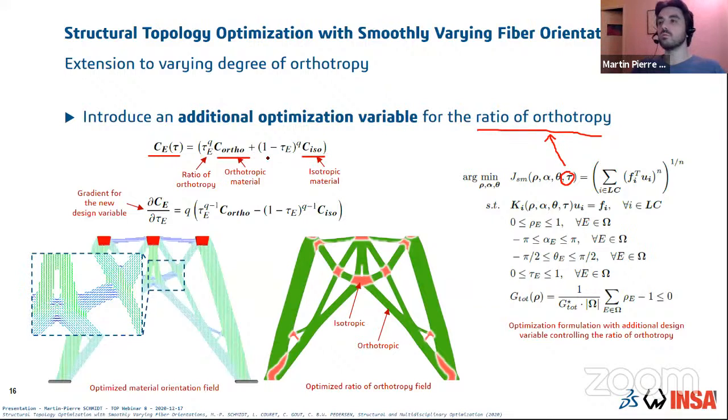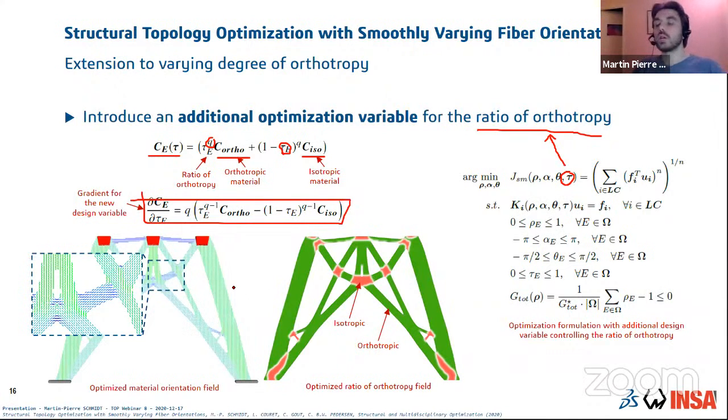And this coefficient tau is basically the ratio between those two. And this allows us to delegate to the optimization scheme the choice between isotropic and orthotropic material. Notice we also put a penalization term here so that we avoid intermediate choices, basically. So again, we need the gradients for this design variable with respect to the compliance, and this is achieved using the chain rule, and you have the missing term right there.